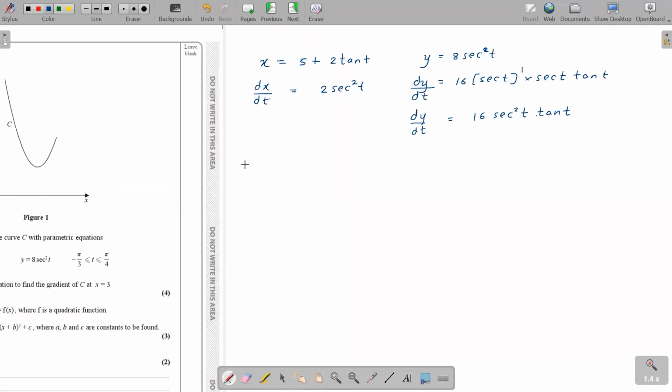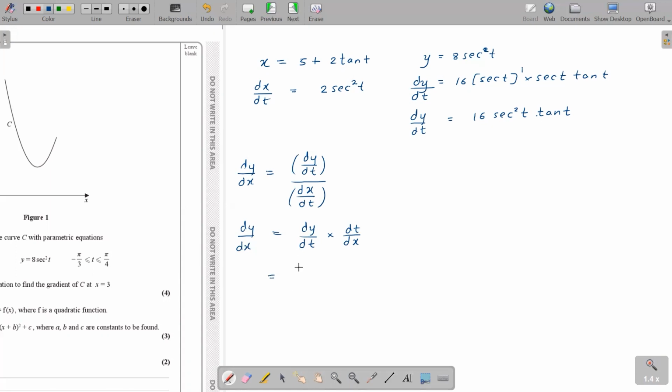Okay, they're asking you to find dy by dx. So normally dy by dx is equal to dy by dt divided by dx by dt. Or in other words, I think it is easier to use it in this manner: dy by dt into dt by dx. This is the easy way to use it.